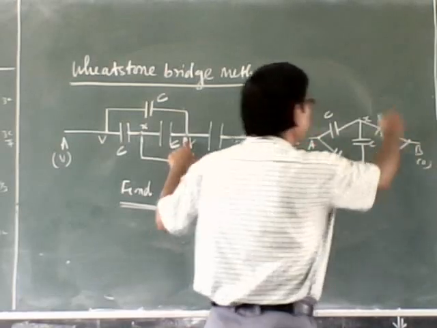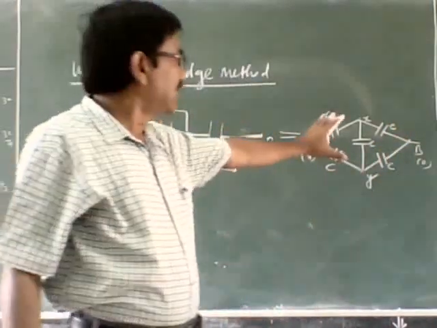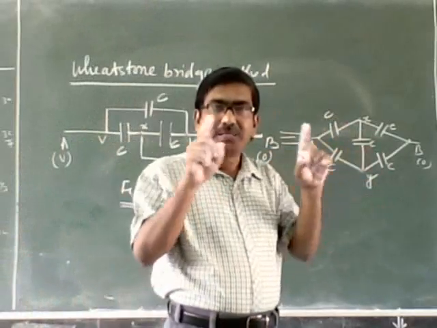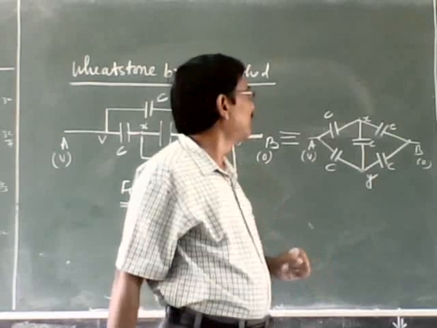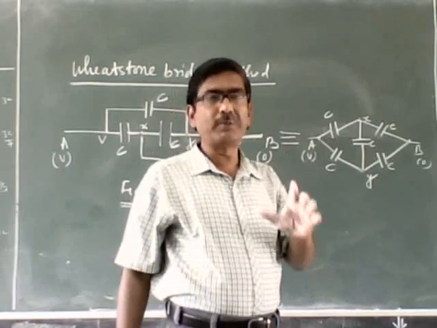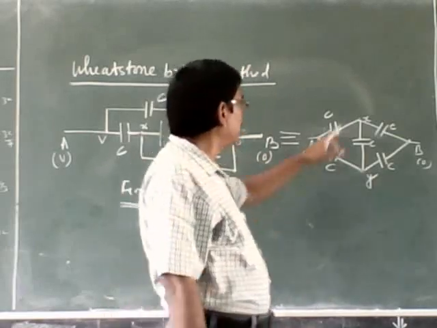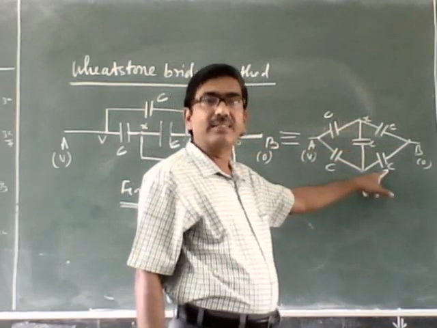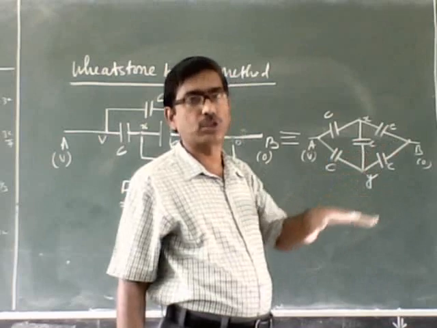Now you see that this diagram looks like a Wheatstone bridge diagram. In the case of a Wheatstone bridge, we know that if C1 by C2 is equal to C3 by C4, then that bridge is a balanced Wheatstone bridge.